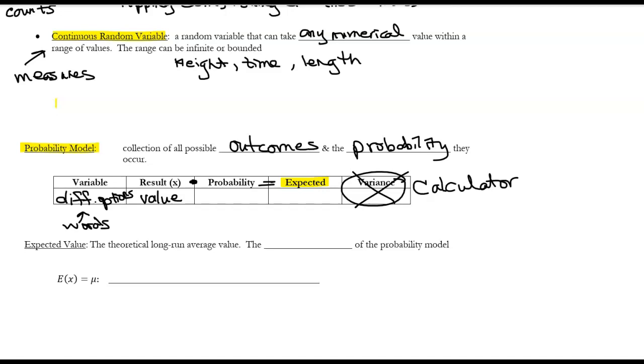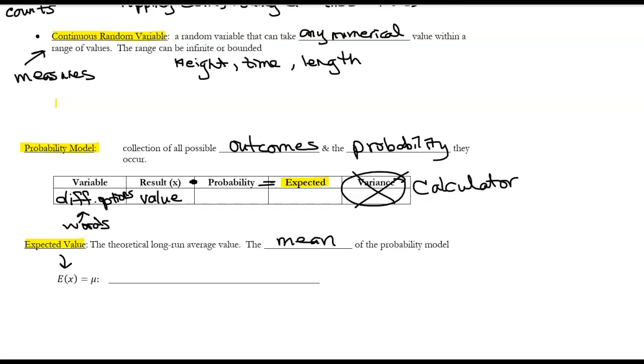Okay, so the expected value is the theoretical long run average value. It's the mean of the probability model. E of X means expected, and that's the symbol mu.